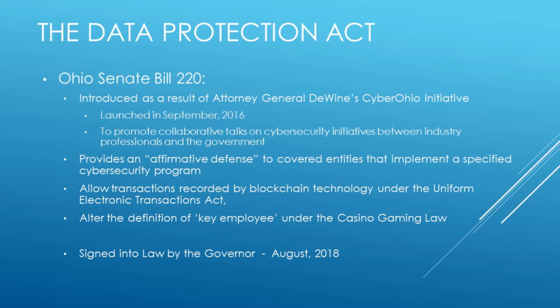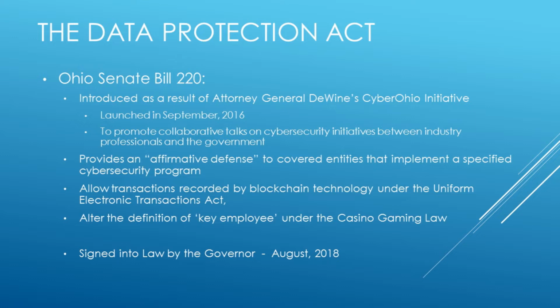All right. The Ohio Senate Bill 220, called the Data Protection Act. What is it? Well, it provides a legal safe harbor to covered entities that implement a specified cybersecurity program. The bill also allows the transactions recorded by blockchain technology under the Uniform Electronic Transaction Act.